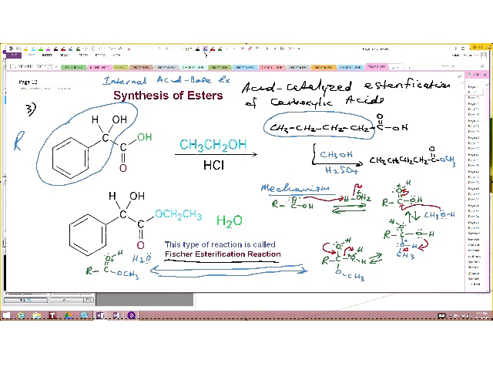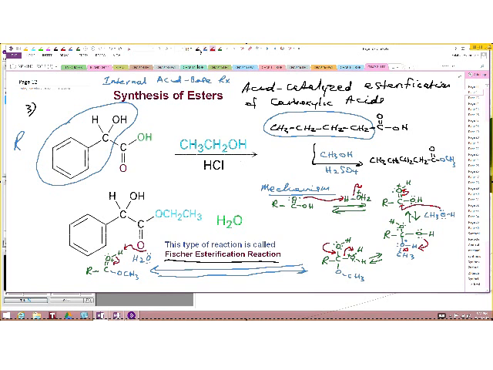So finally, that water will simply come in to relieve this oxygen of the proton, thereby releasing the electrons to the oxygen here.